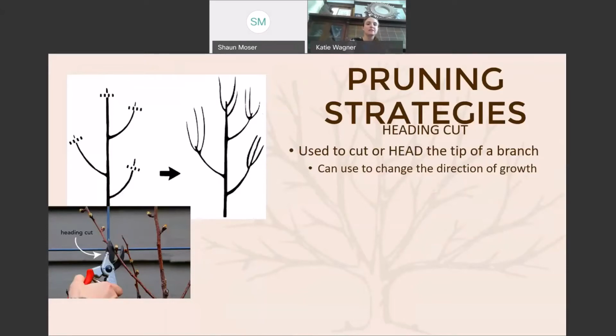We talked about this last time for those of you that were there. What we typically get with heading cuts is a flush of growth that happens just below where that heading cut was made. So like here, a heading cut was made here, so we get the flush of growth just below. Heading cut was here, and a flush of growth just below this branch. It's just controlled by hormones in the plant, okay?